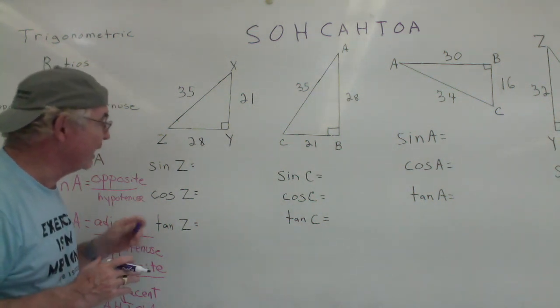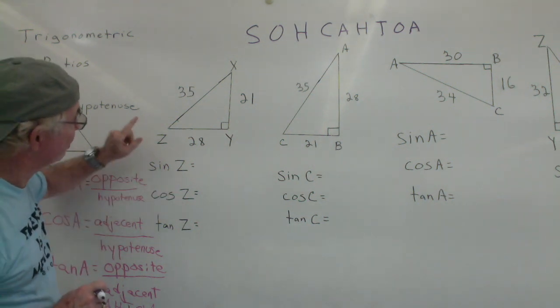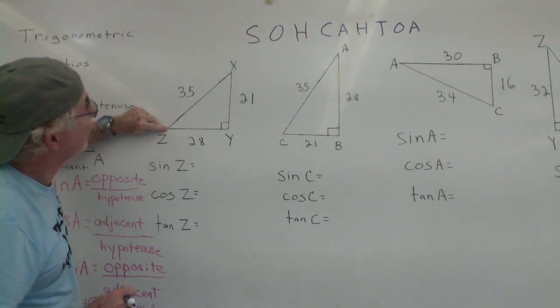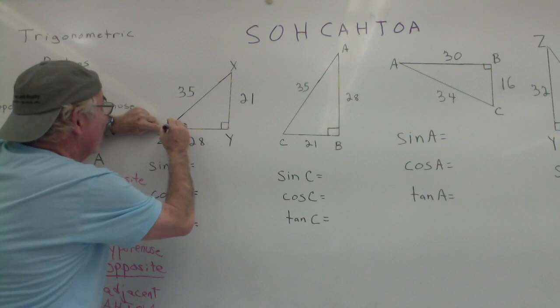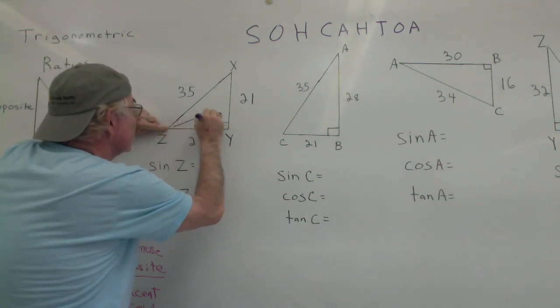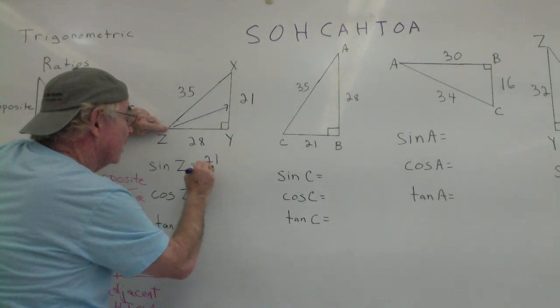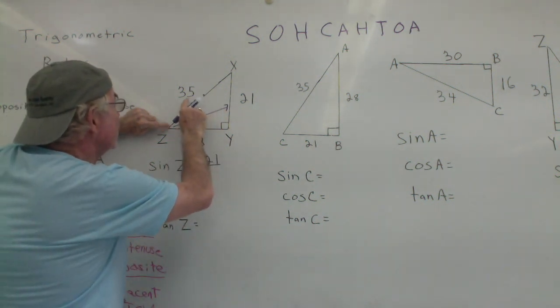Now, let's look at our first example. The sine of z. So put your finger on z. Now look at the definition. It's the opposite. So what side's opposite z? It's 21. And what's the hypotenuse?